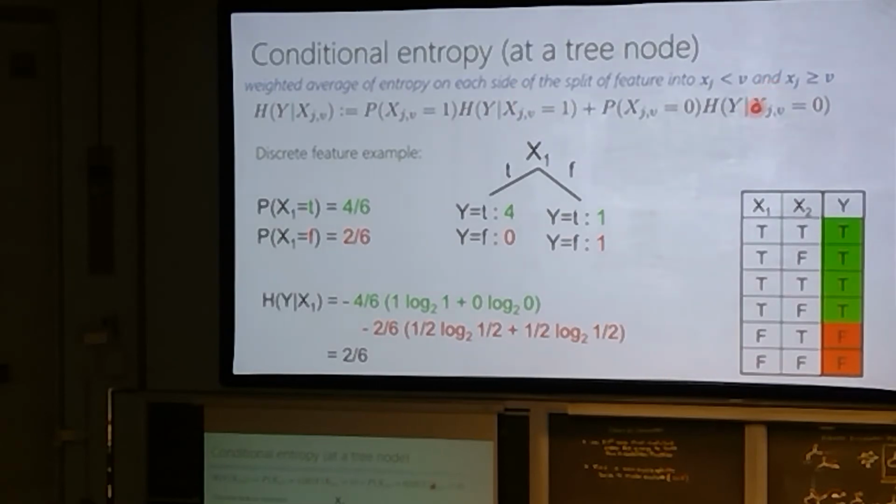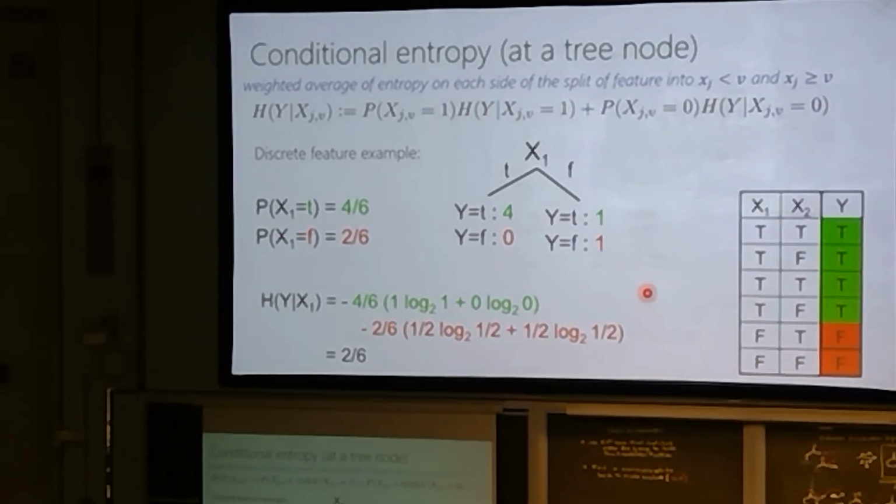And so that's basically what it is. It's a weighted average entropy conditioned on the fact that you've split into two partitions. This is the entropy of the one, the entropy of the other, and then you're just weighting them by the probability that you ended up on the left side or the right side. You can work through another example here if you want to see the numbers, but I'm not going to go through it.